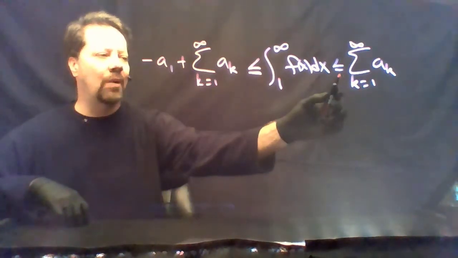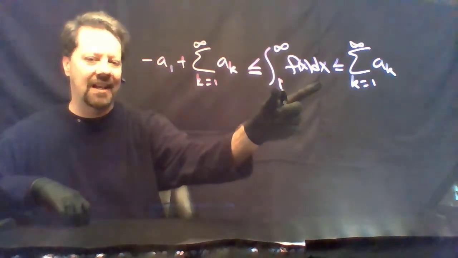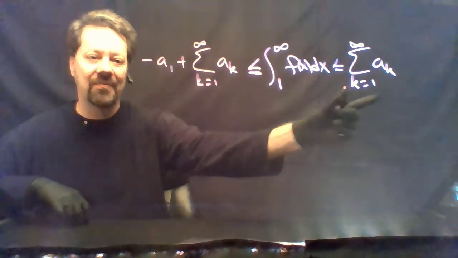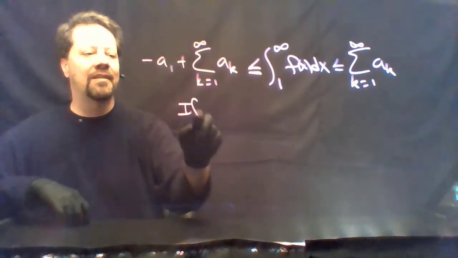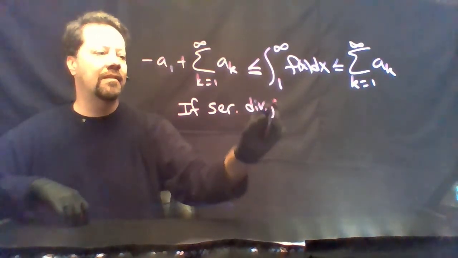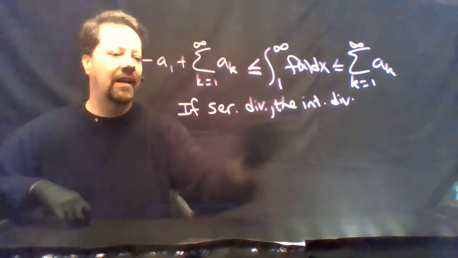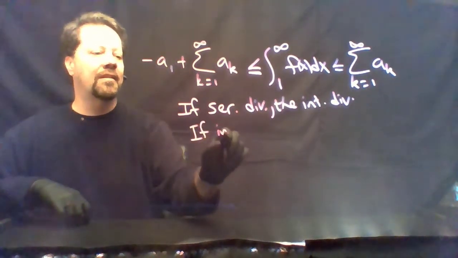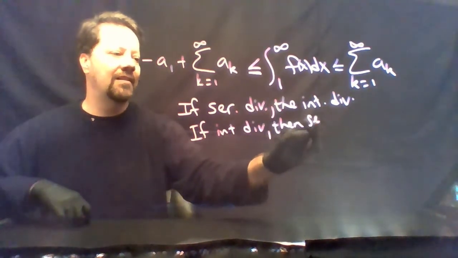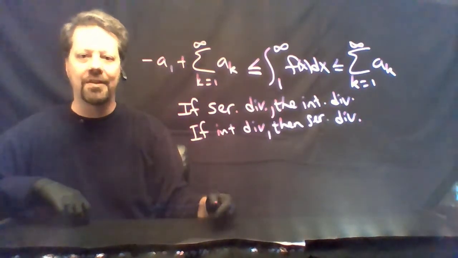But the second inequality tells us that if the integral diverges to plus infinity, then so does the series. So if the series diverges, then the integral diverges, and if the integral diverges, then the series diverges. Both of those will diverge together.